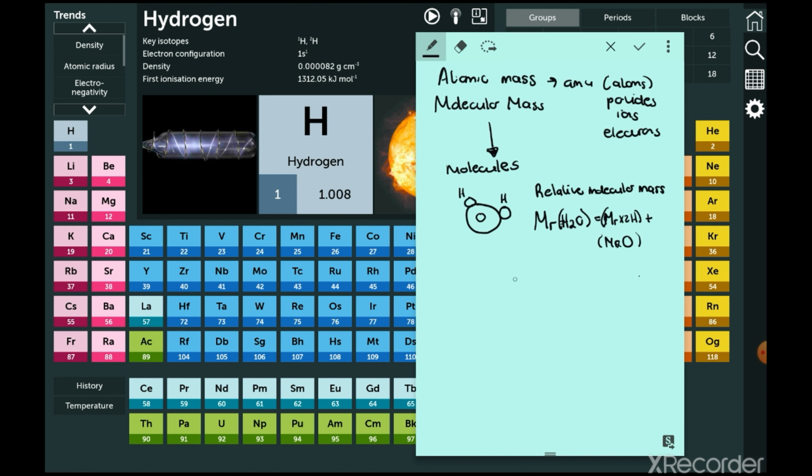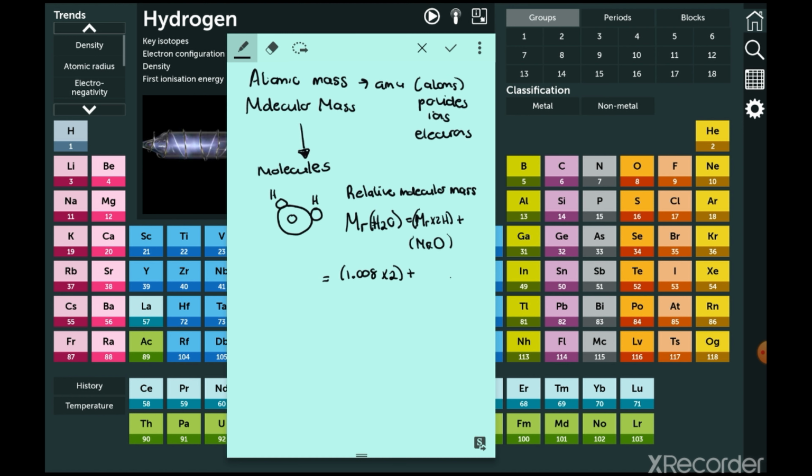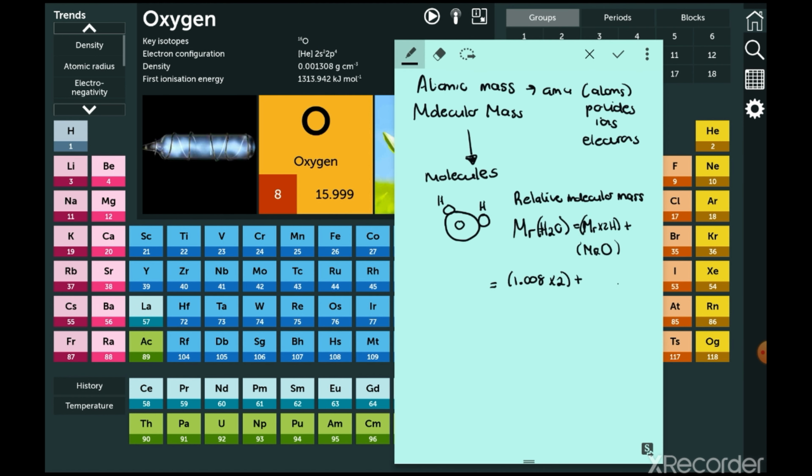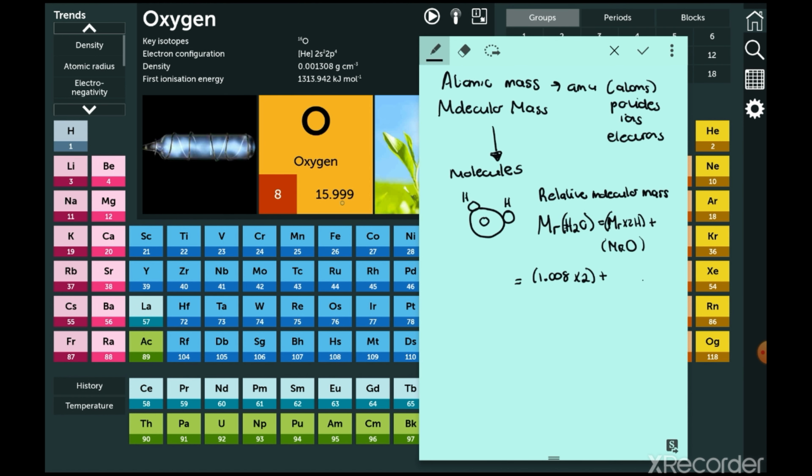Let me just write that out so that it makes more sense. So your atomic mass of hydrogen, and there's 2 of those, and then you're going to add, if you just look at oxygen here, you can see it's 15.999.